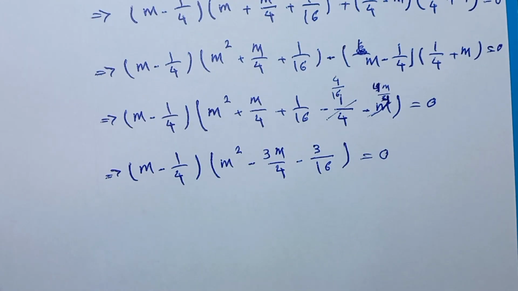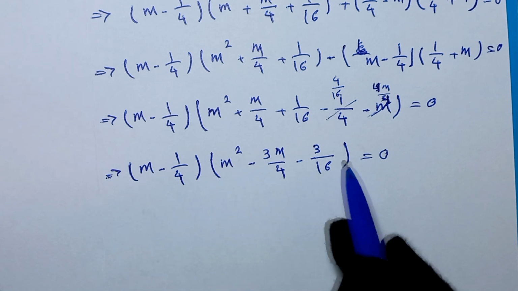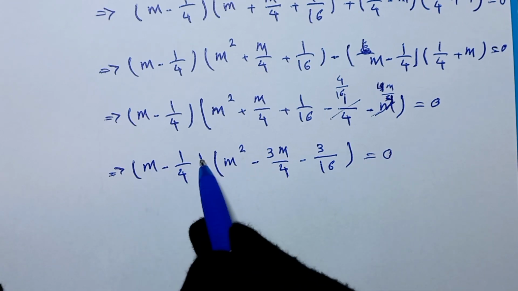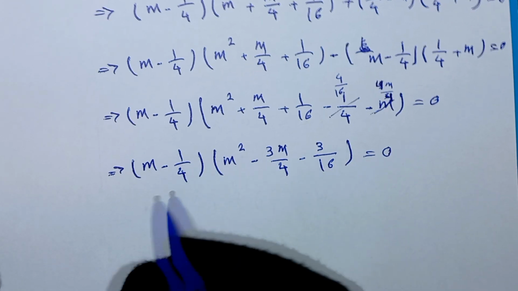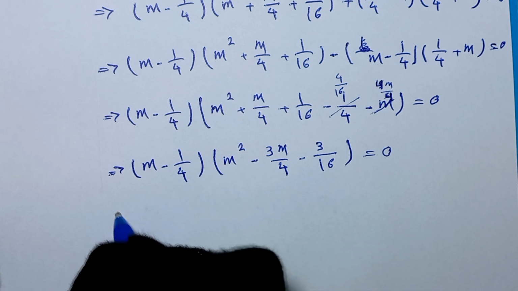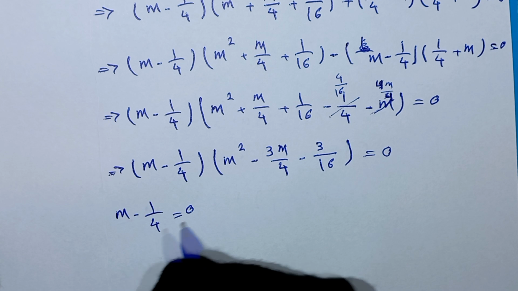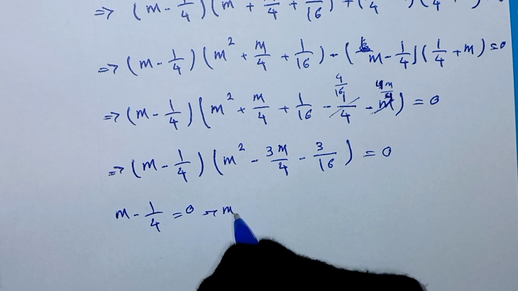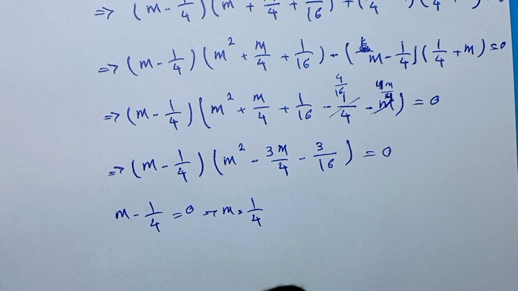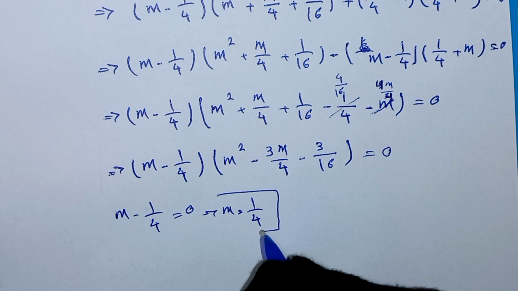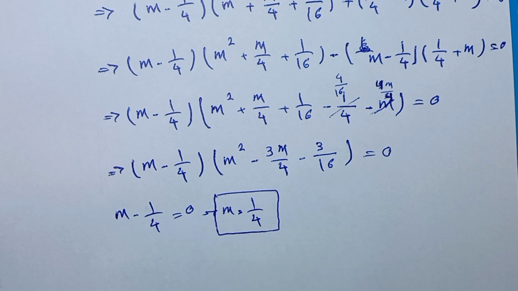So in here, this part times this part is equal to 0. So this part is equal to 0 and this part can equal to 0. So we write m minus 1 over 4 is equal to 0. And in here, m is equal to 1 over 4, right? This is our first answer.